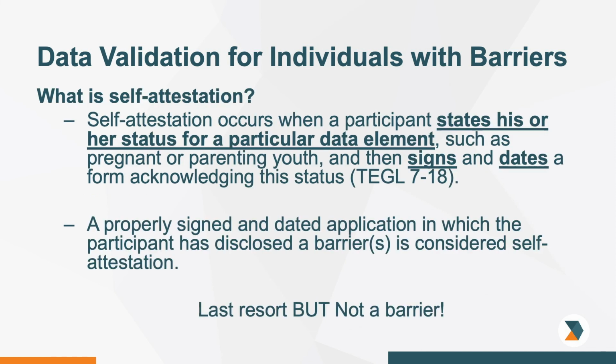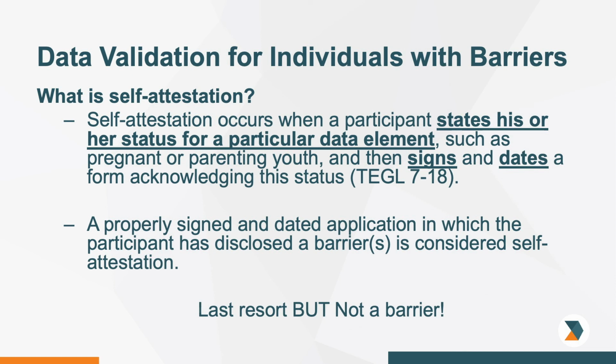Okay, now let's talk about self-attestation. For those of us that have been in the Title I world for a minute, you're familiar with self-attestation, but it is important for us to take just a few minutes and dive into what self-attestation is and how ETA looks at it.